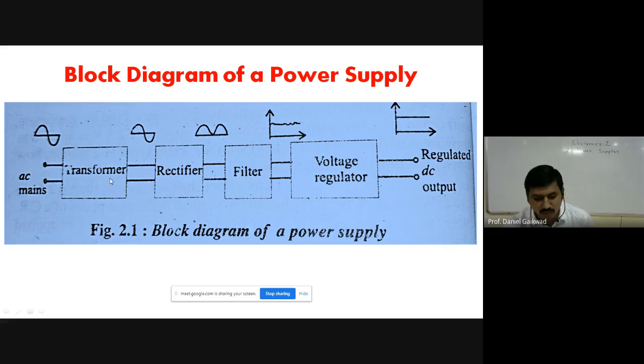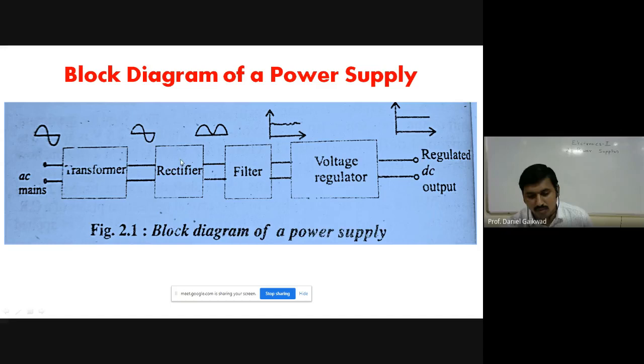Transformer we already know from standard 11th, it will either step up or step down the voltage. Generally for the power supply, we step down the voltage, and accordingly we reduce the voltage from 230 to 12 volt, 24 volt, 6 volt, etc. So with the help of the transformer, we reduce the amplitude of voltage from 230 to the desired value.